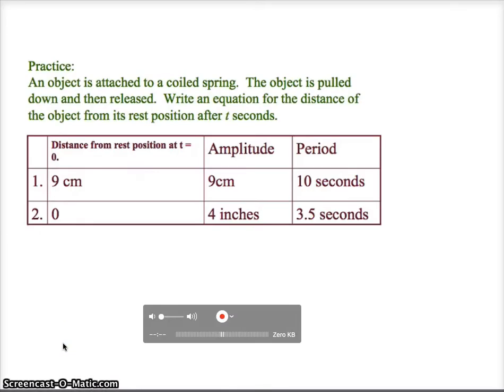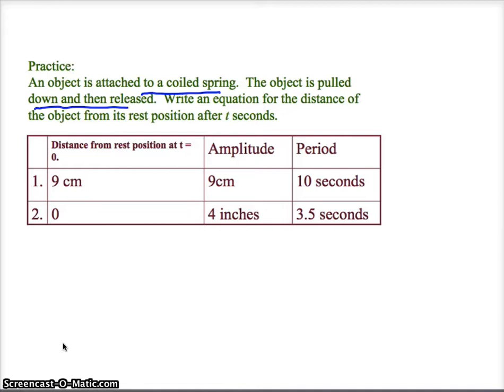Let's practice a few examples of writing equations. So an object is attached to a coiled spring, like in the picture we saw, and it says the object is pulled down, then released. Important to note it's pulled down and then released. Write an equation for the distance, that's d, of the object from its rest position after t seconds.